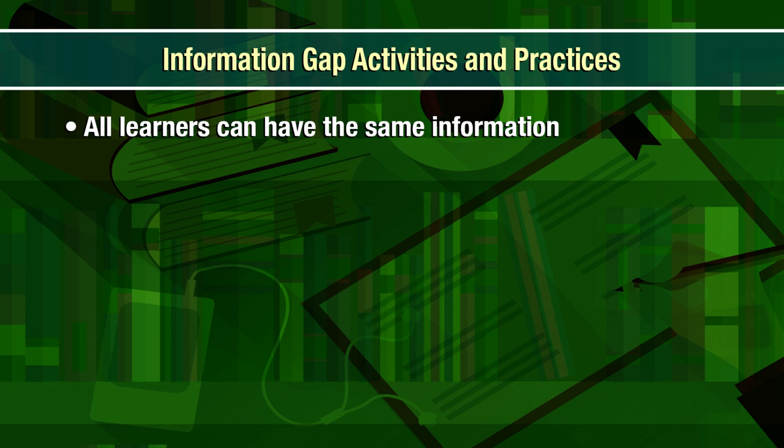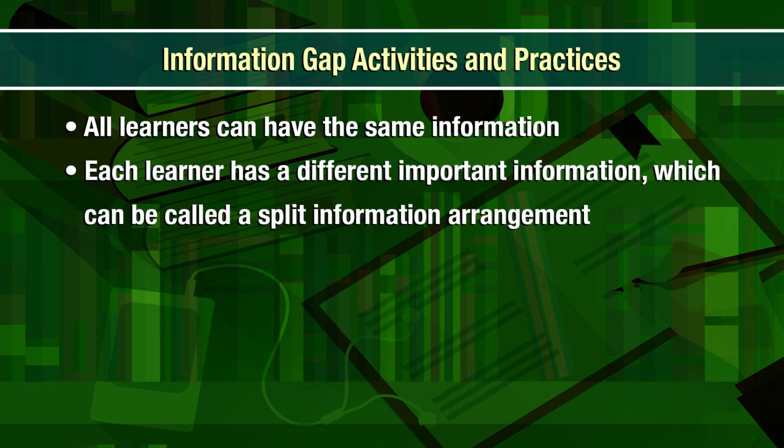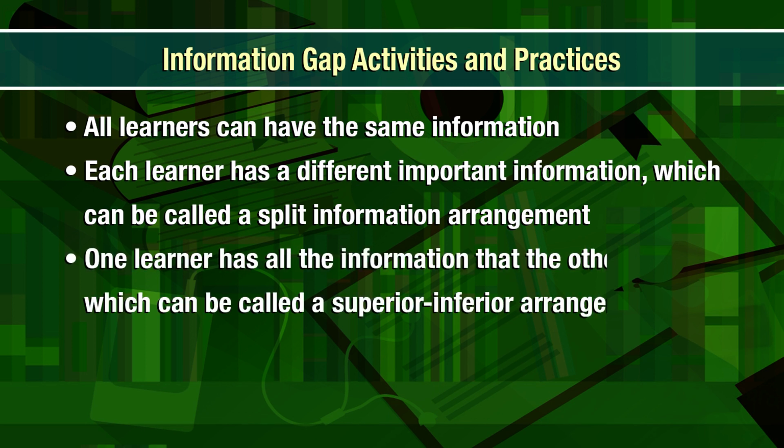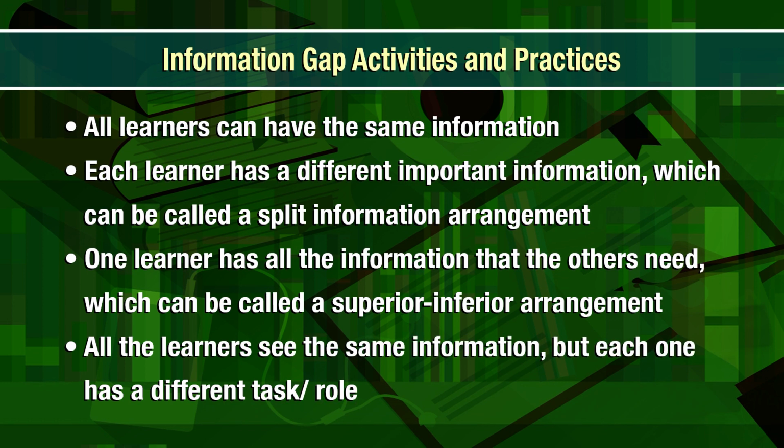First, all learners have the same information: the cooperating arrangement. Second, each learner has different essential information. Third, one learner has all the information that the others need. Fourth, the learners all see the same information, but each one has a different task.